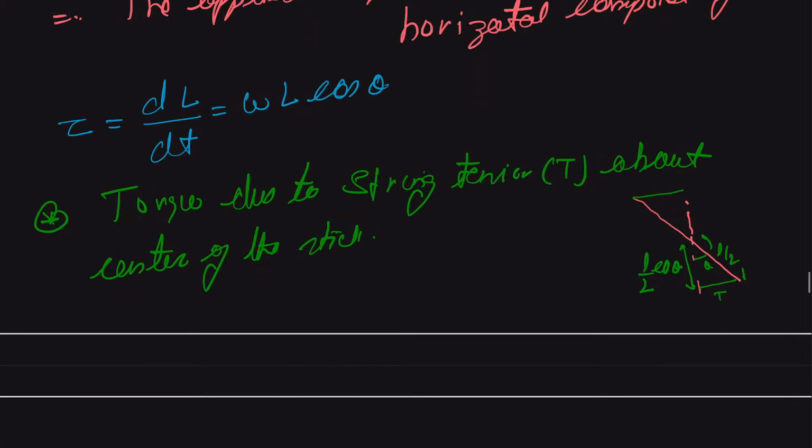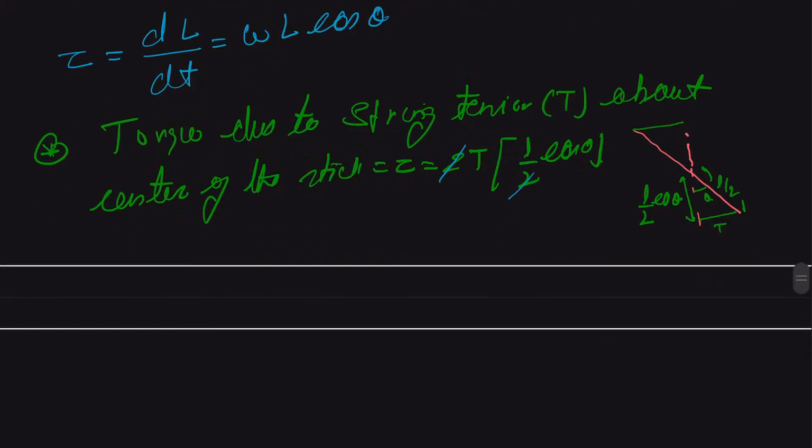So we get that our torque tau will be equal to, and same to the other side also, so this will be twice T, and the perpendicular distance is L by 2 cos of theta, and 2 cancels out. So we get that the torque will be equal to TL cos of theta.